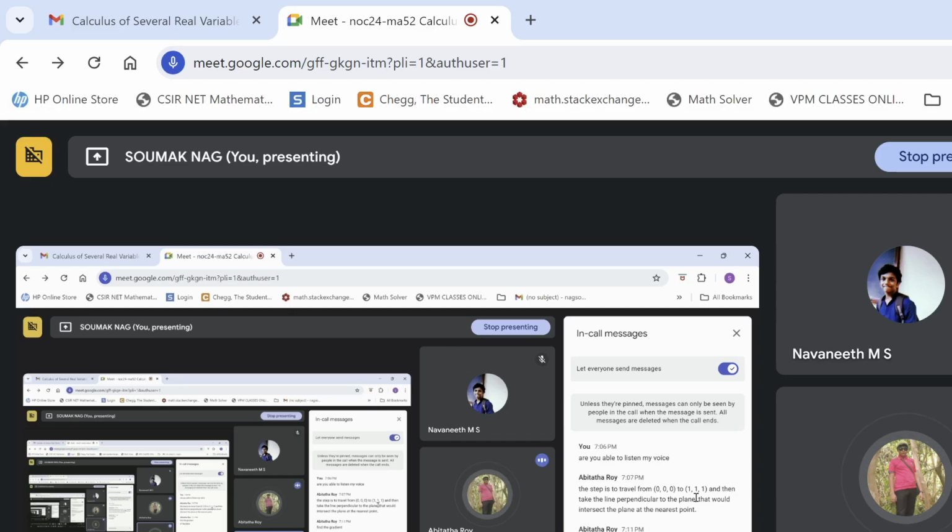What are you saying there? My approach was first we find the gradient for the plane, suppose it is some g, and then we represent the point as 1 comma 1 comma 1 plus t times g, and then we will also get the same relation which you calculated for t.